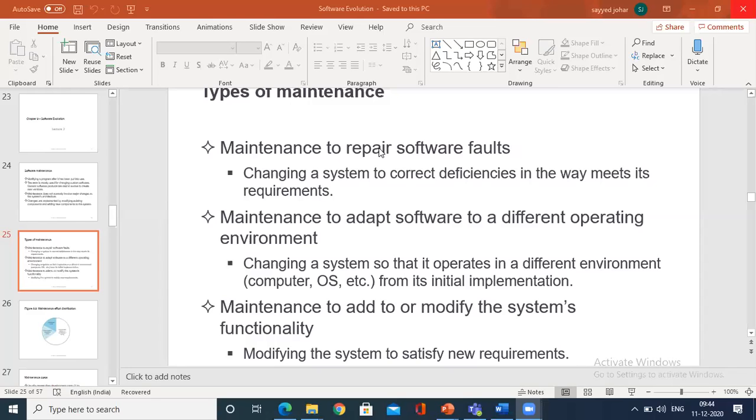You cannot say a fault is completely an error. An error doesn't lead to execution. A fault will be identified only during execution, which will lead to the failure of the system. Okay. So when we talk about a fault, it is only during maintenance. Clear?